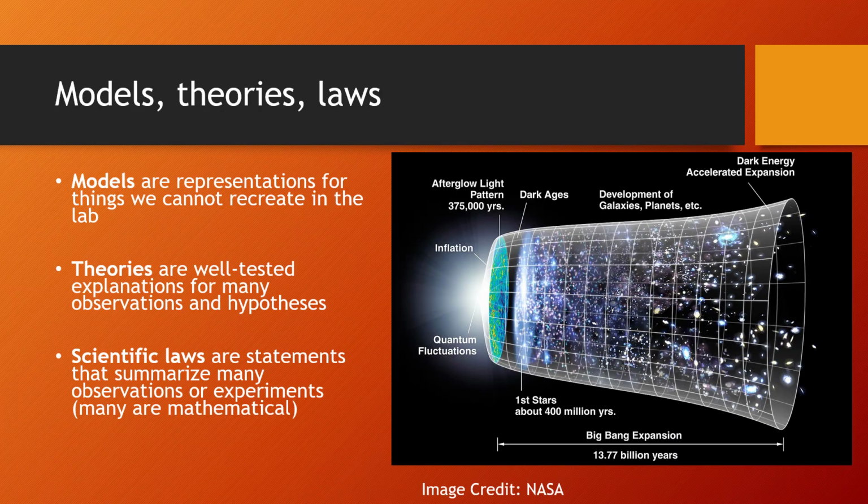Now, not everything can be tested in a chemistry lab. For example, the idea of the Big Bang cannot be tested in a chemistry lab, so we use something called a model. A model is some sort of representation for something that we can't do in a lab. So most climate models are going to hypothesize that if your ocean was this warm, then we would have this many hurricanes.